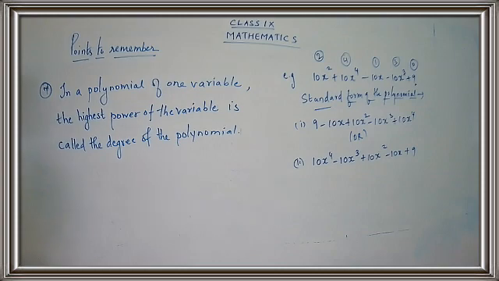I will explain this point using an example. It will be easy for you to understand. Just note down the definition, children. In a polynomial of one variable, the highest power of the variable is called the degree of the polynomial.